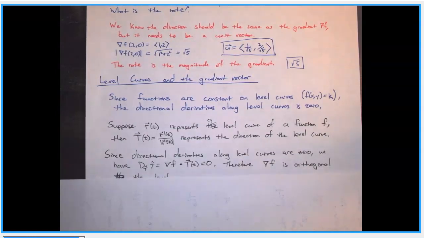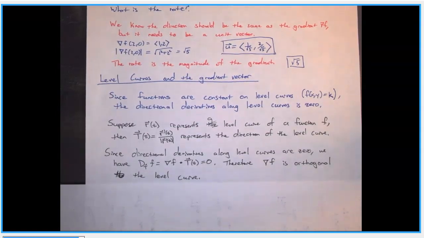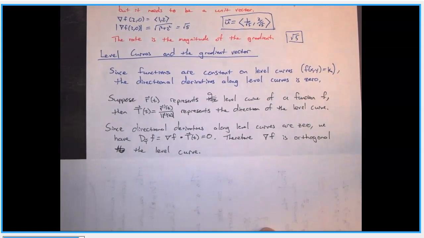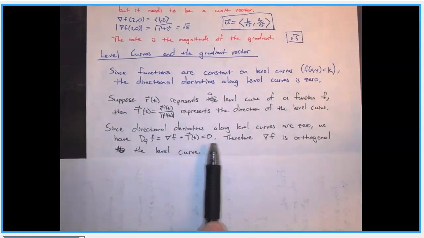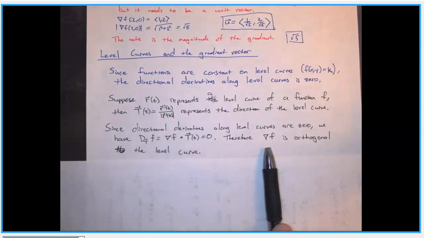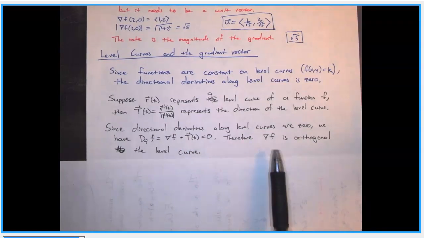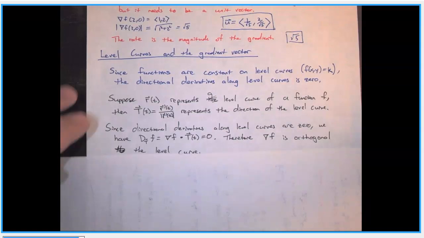So now if I take a directional derivative along this level curve, it has to be 0, right? We just said that. Directional derivatives along the level curves are 0, so that means that the gradient of f dotted with the unit tangent has to be 0. This is telling us that the gradient is orthogonal to the level curve. And this is always going to be the case.